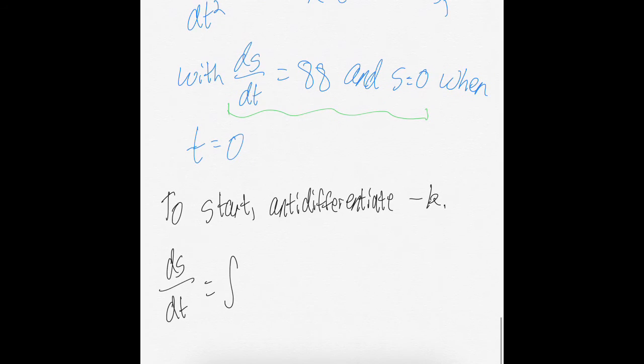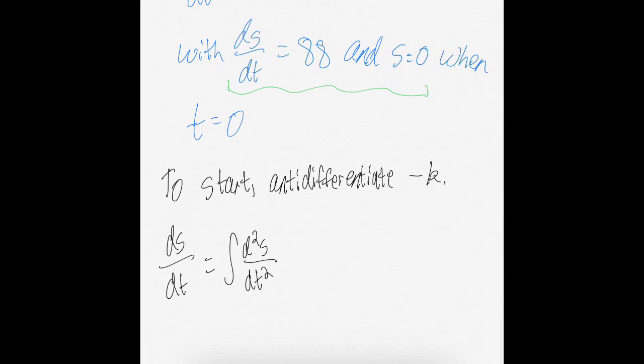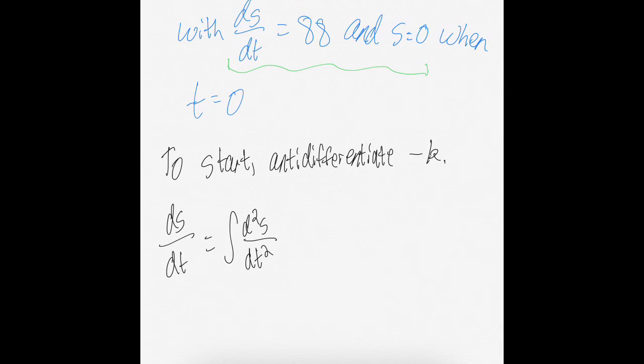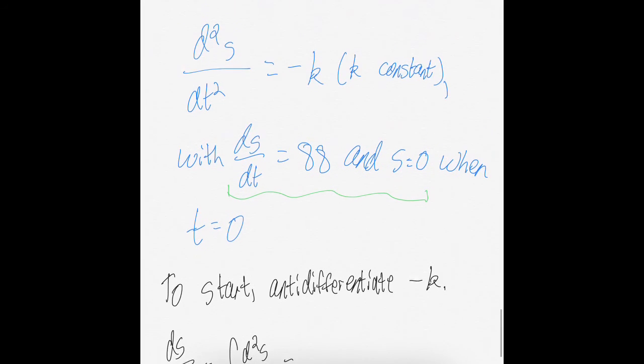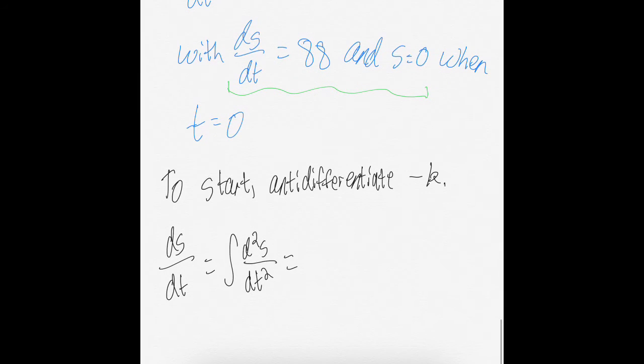negative k. Okay, we're told in this first step that the second derivative of s with respect to t is negative k. So if we take the antiderivative, ds dt is going to be the antiderivative of the second derivative.